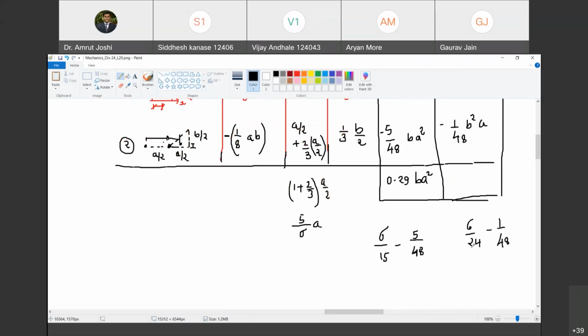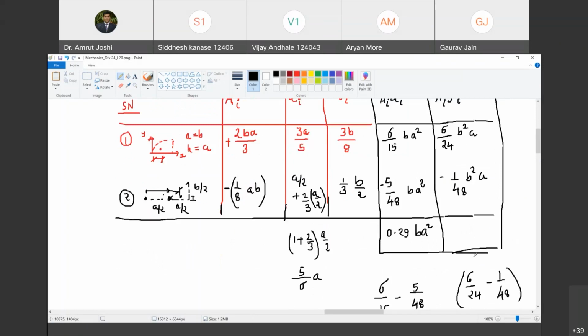This is easy, I can take LCM and do it, but anyway, you tell me the value. How much? The same 0.22. So it was 0.29 or 0.22? No, earlier, sir. This is correct.